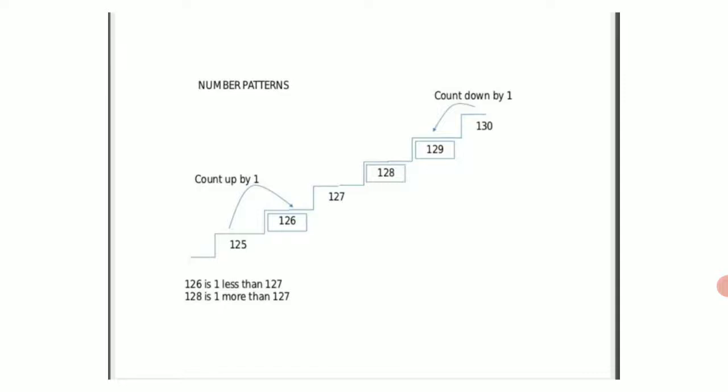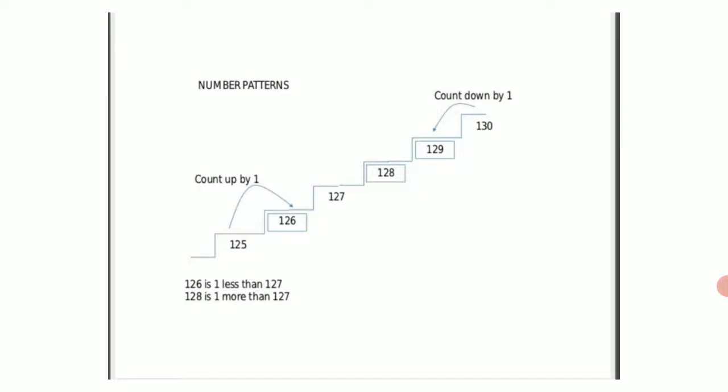If you see the number at the bottom level children, it is 125, then skip counting by 1 is 126, the next immediate number 127, then 128, then 129, then 130. That means we go on adding 1 to each number in order to get the next number.